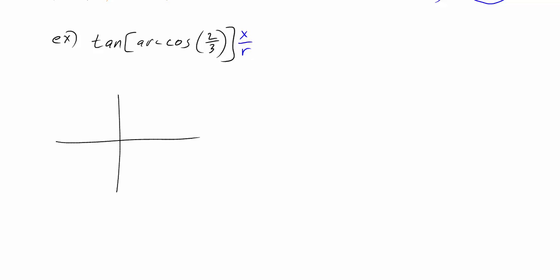So another way to think of this is that this whole thing, once we find the arc cosine of 2/3, is going to be our angle. So the arc cosine of 2/3 is going to be equal to our angle theta.